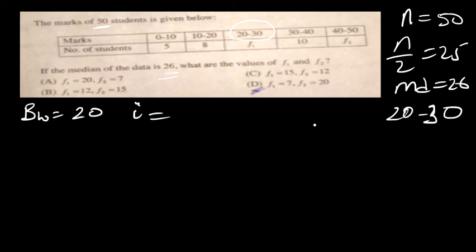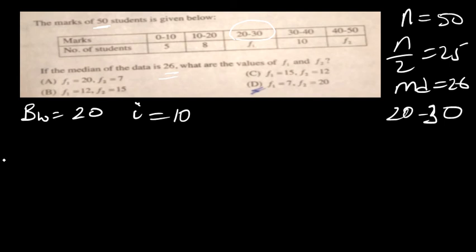So what is F1 and F2? The median, 26, is found in which class? In the third class, as you see here, from 20 to 30. Therefore, the lower boundary of this class is 20, and the class interval, 30 minus 20, is 10.